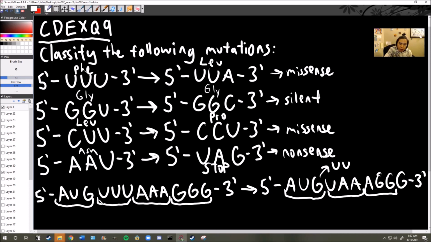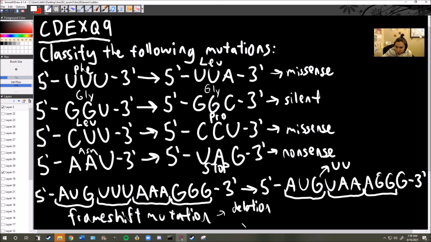Over here, our reading frame resulted in the following amino acids after our start codon: UUU, AAA, and GGG. Now we have UAA instead of UUU, and AGG instead of AAA. That changed all the codons, which would change most of the amino acids downstream as well. So this was a frame shift mutation, but it was also a deletion of 2.